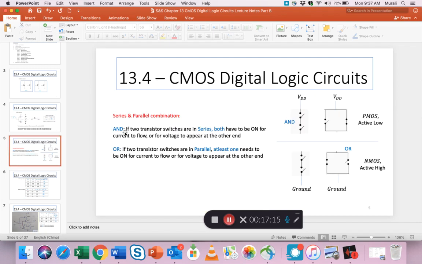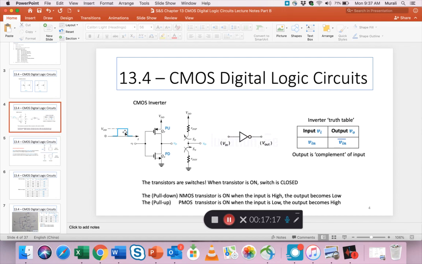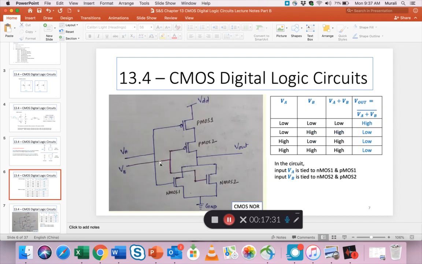Previously, if you look at slide 4 again, we just had 2 transistors and they take one input and give us the inverted output, right? Only one input, one output, and 2 transistors. Now on slide 7, we are dealing with 2 inputs, VA and VB, and we still have one output, and we want that output to be the NOR function.